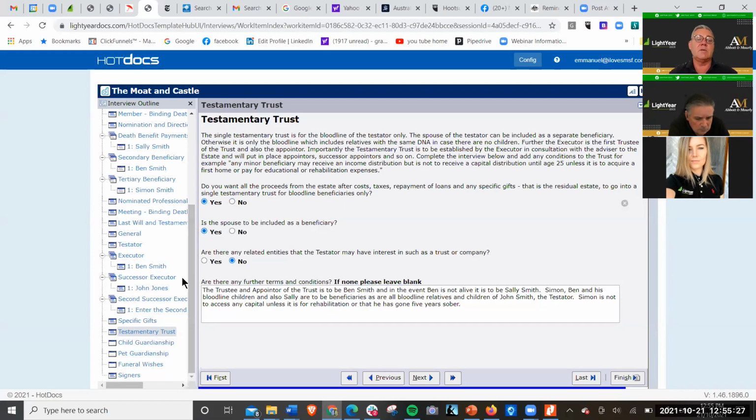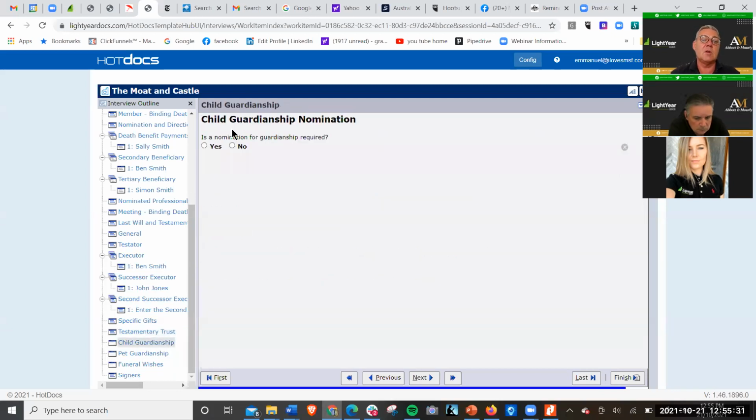So this is creation of a leading member trust, which is good. But remember, of course, we'll go to child guardianship. At the end of the day, it's going to be a position that is still subject to a family provisions challenge. Now, of course, in this instance, it's not too bad because Simon is going to be looked after in one way, shape or form. So that's why I like it. I think it's pretty good.